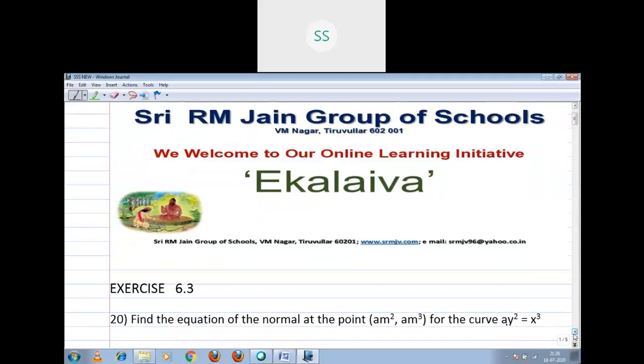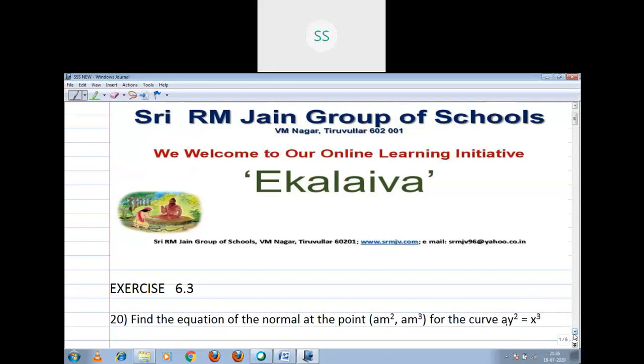Using the slope of the tangent you find the slope of the normal. Then you move to the equation of the normal, the equation of the line. What is the one point slope form? y − y1 = m(x − x1), right? You have to recall what you want to do, decide that first, then enter into the solution part.